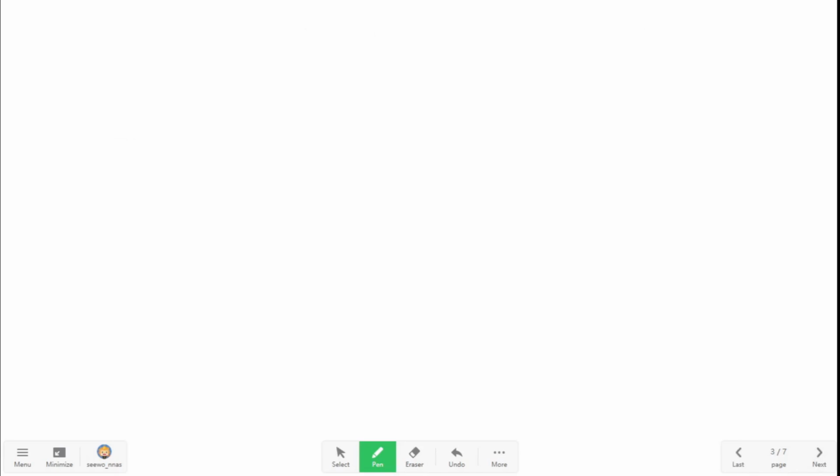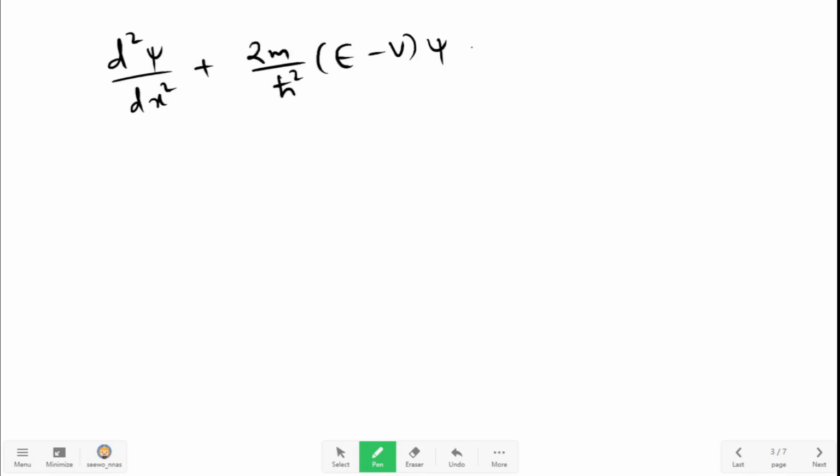So the Schrodinger equation in one dimension is d square psi upon dx square plus 2m upon h bar squared times E minus V psi is equal to 0. Now for x not equal to 0, what is the value of V?